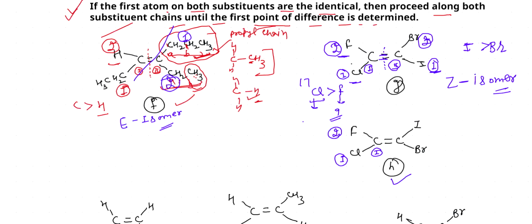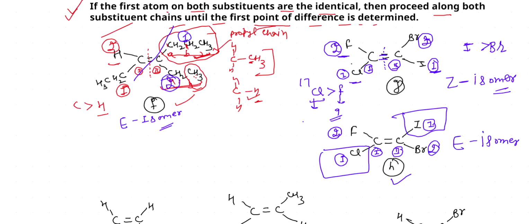And if we look at carbon number 2, again, iodine has high priority as compared to bromine. Here the high priority ranking groups are present on the opposite side. So it is named as E isomer. So I think it is more clear from these examples how we can follow the rules for E and Z isomers here.